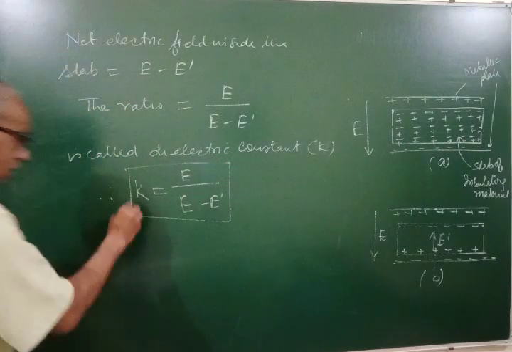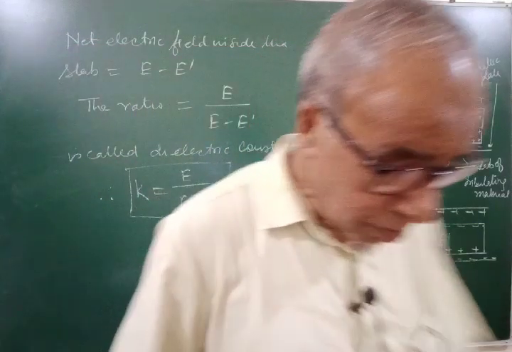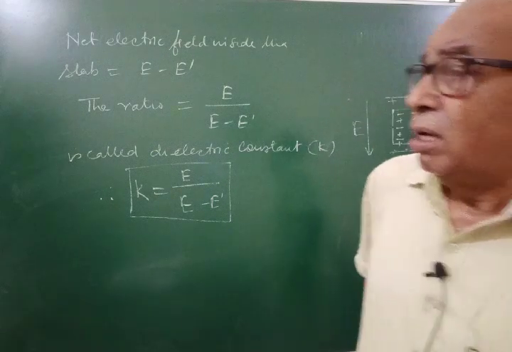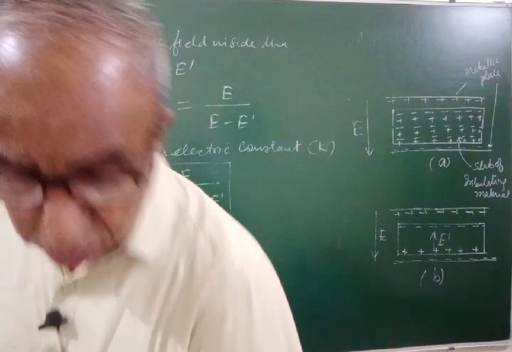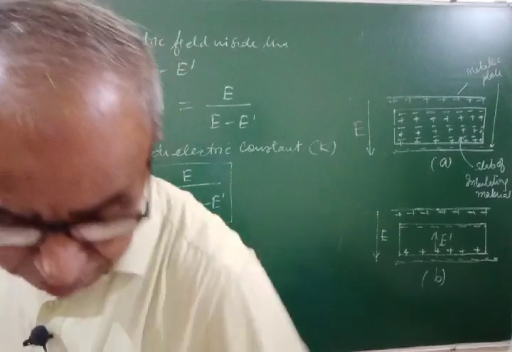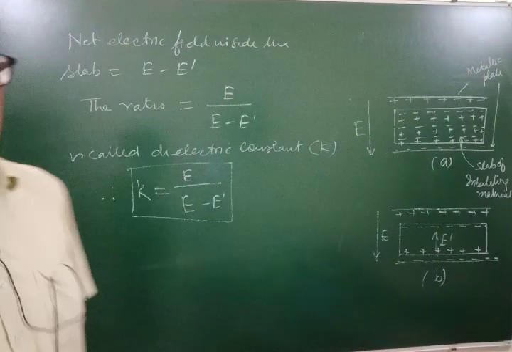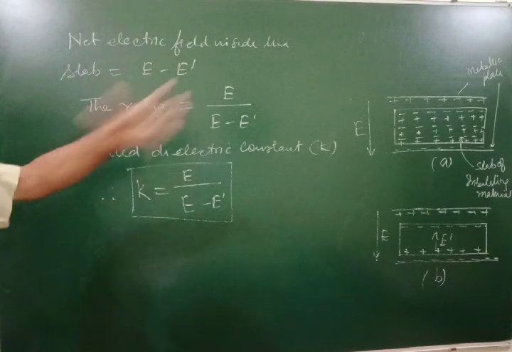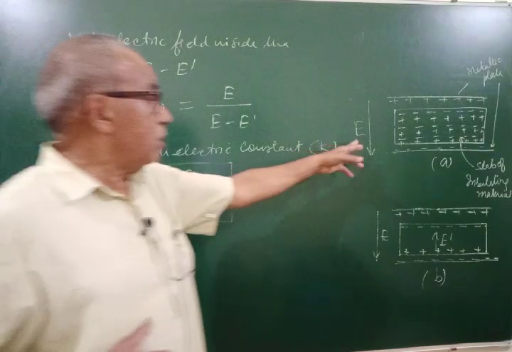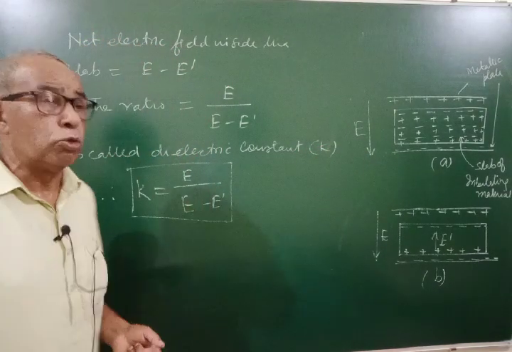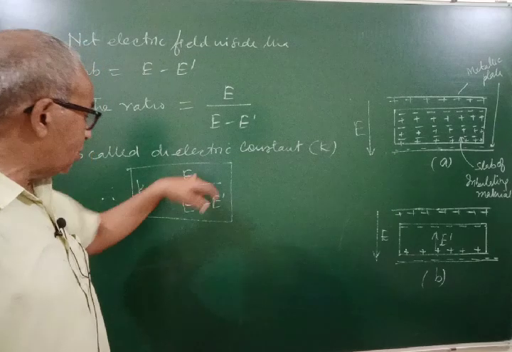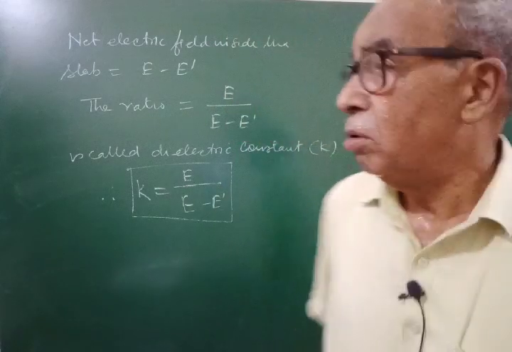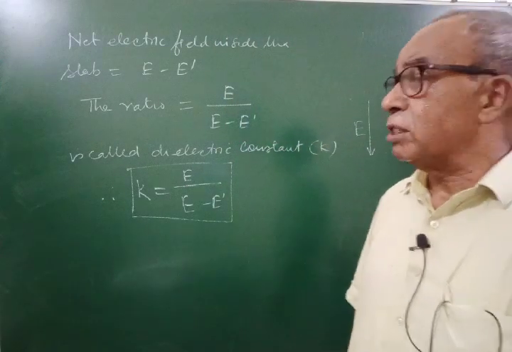In case of an insulator, E dash is always less than E. In case of non-polar compounds like hydrocarbons, plastic or wood, dipoles are induced due to the external field, and the alignment depends on the strength of this field. So a weak field is induced, the difference is close to E, and therefore the dielectric constant of materials like wood and plastic is 5 to 6.